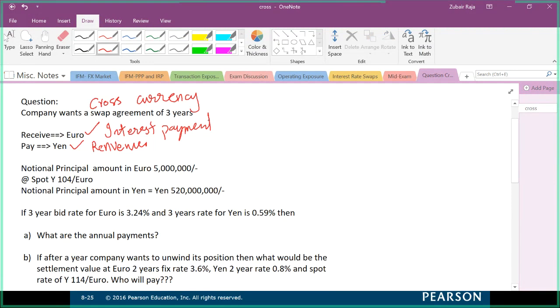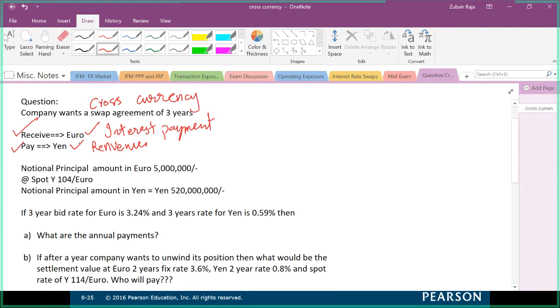Or maybe they are importing something from a European supplier and periodically they have to make payments to that supplier. Whatever the purpose, we do not know. The main thing is that they are short of euro, so they want periodic euros. They are in excess of yen, so they need to pay the yen for euros.